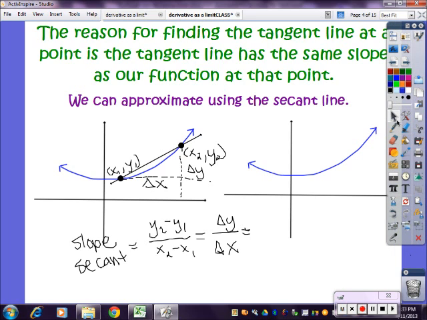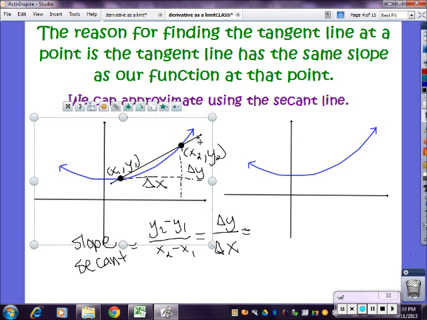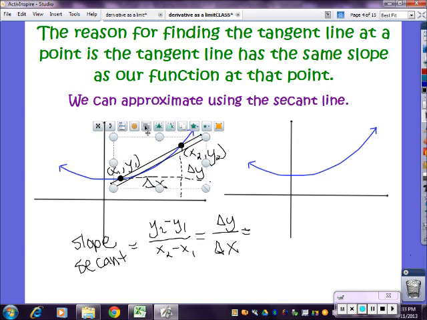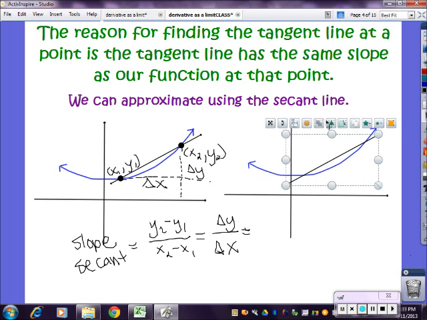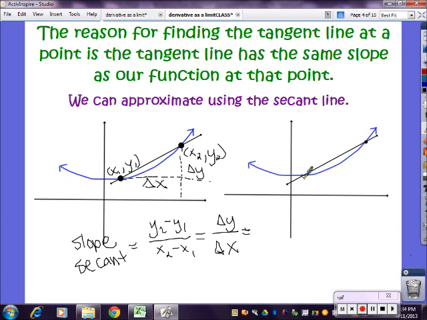So we have these same points, and I'm going to take a little time to copy and slide it on over here. We're going to use our secant line from before, but now instead of using x1, y1, x2, y2, we're going to use function notation.